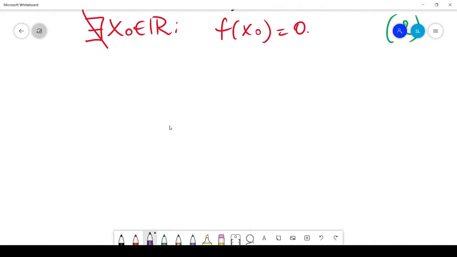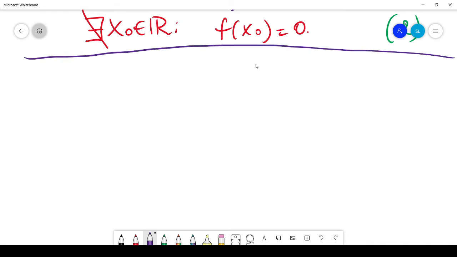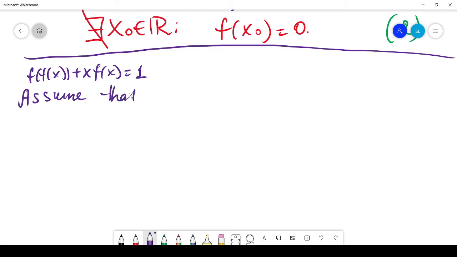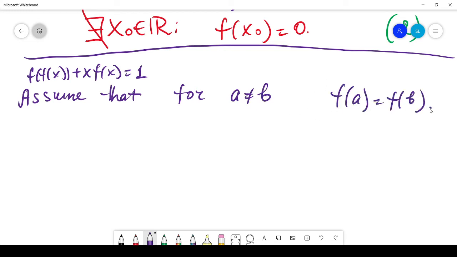Alright, I will rewrite our equation. And maybe we can prove that our function is injective. Yes, so what can we say about injectivity? Let's assume that for some numbers a and b which are not equal, this equality holds: f of a equals f of b.